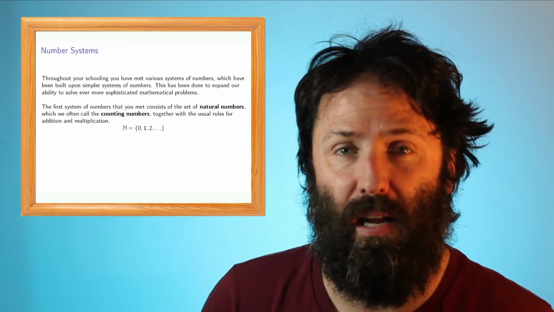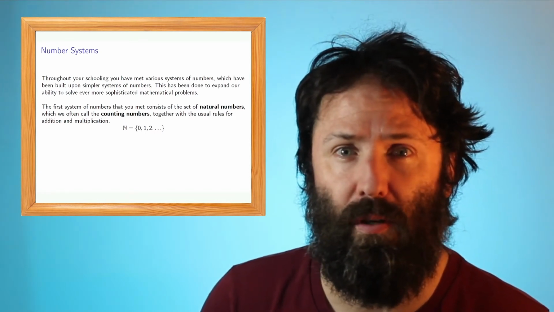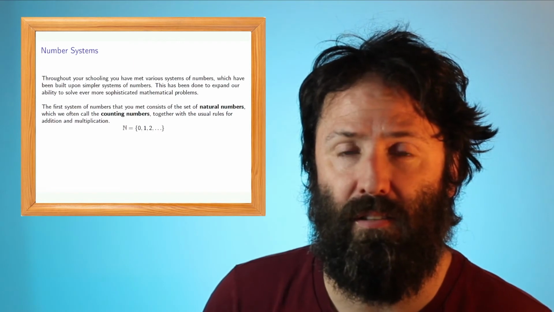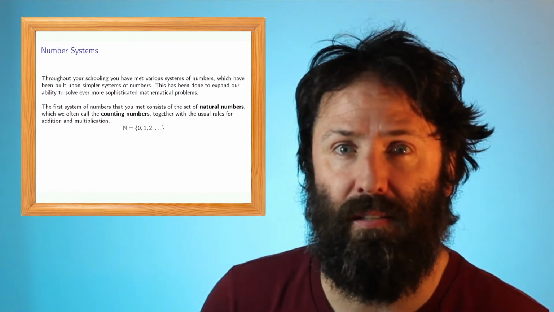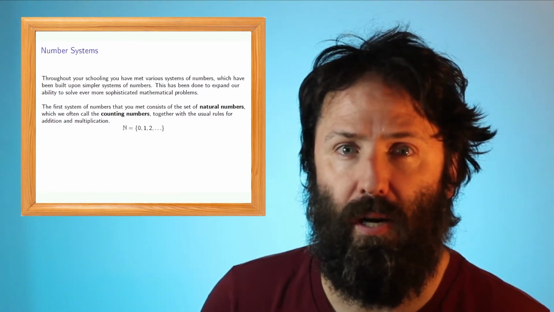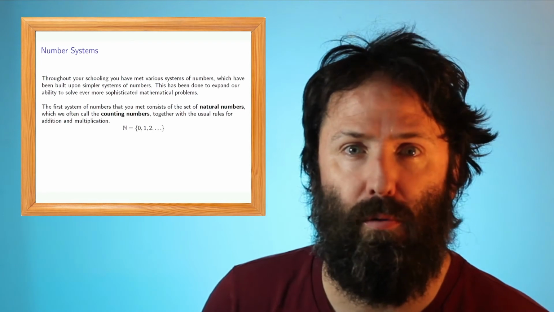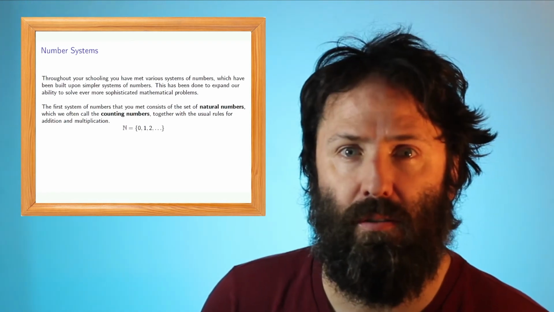Okay, so the natural numbers are closed under addition because it doesn't matter what numbers I take out of the set. If I add them, I'm always going to get a number that's in the set. Multiplication's the same, but they're not closed under subtraction or division. If I take 1 and 2 and I subtract them, I get -1. That's not in the set.